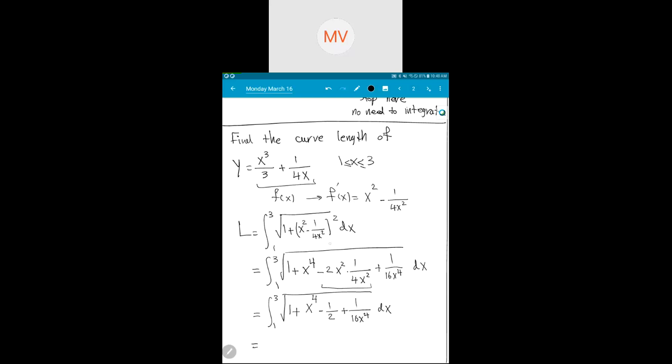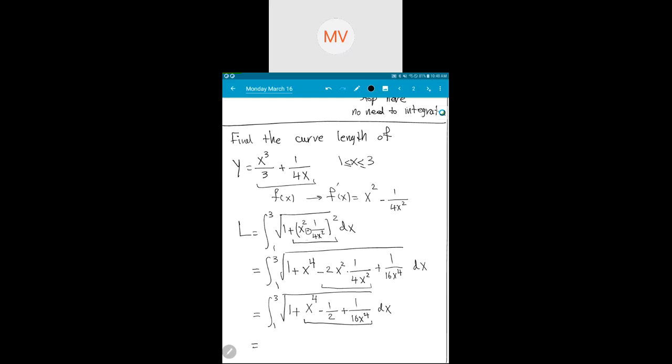I want you to pay attention. That x squared minus 1 over 4x squared became, in fact, this is simple algebra, it became that expression. So it's x to the 4th minus half. Again, the negative sign is coming from the subtraction of the two terms.